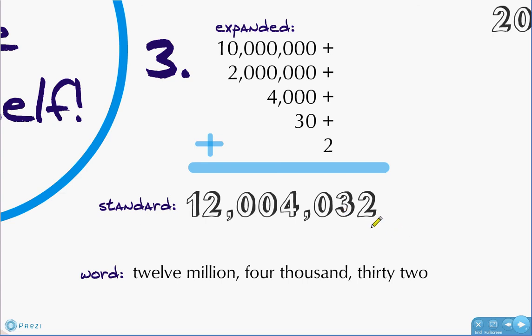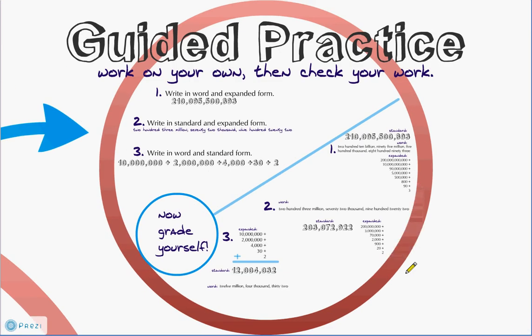Then if you, in your mind, put those little labels on each section, this is the ones, this is the thousands, and this is the millions. So we have 12 million, just like it's written here, 4,032, and you're done.